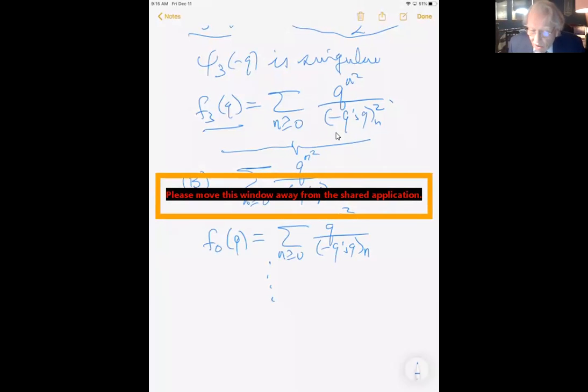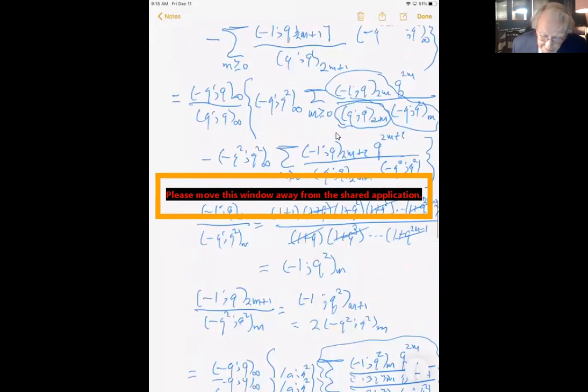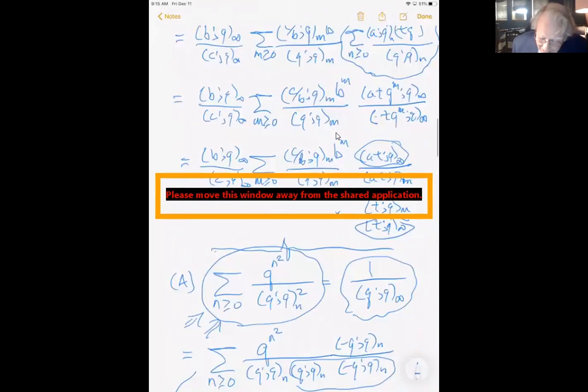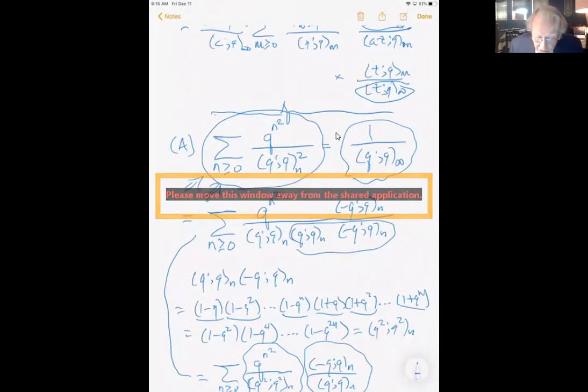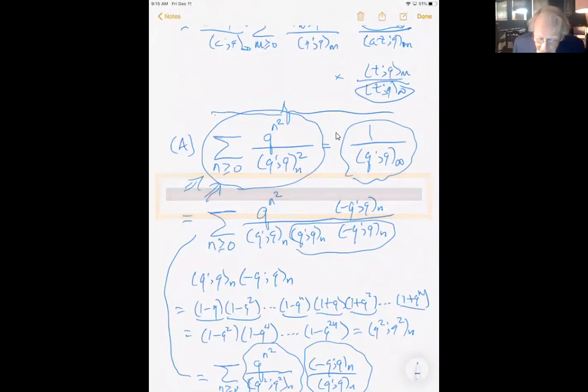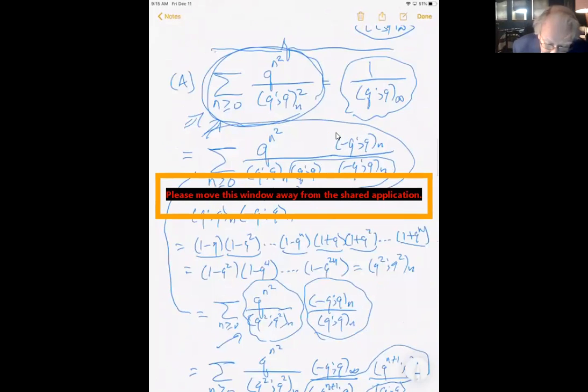So it is my belief, let me summarize, that this series A, which Ramanujan knew very well and knew the importance of, was something where he would, just to see what happened, try the methods of Heine to transform it. And there's really only one procedure that can work, and Ramanujan, being the genius he was, it was not too hard for him to figure out that this is the procedure that would work.